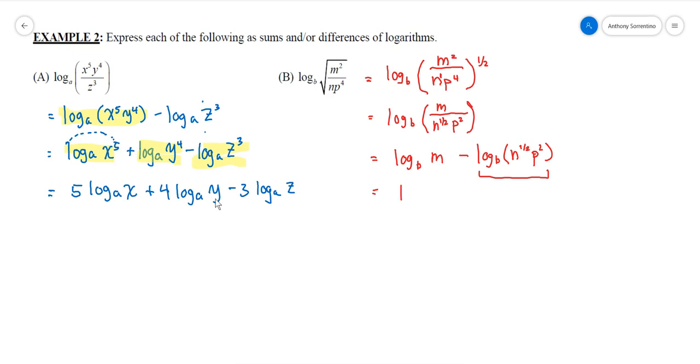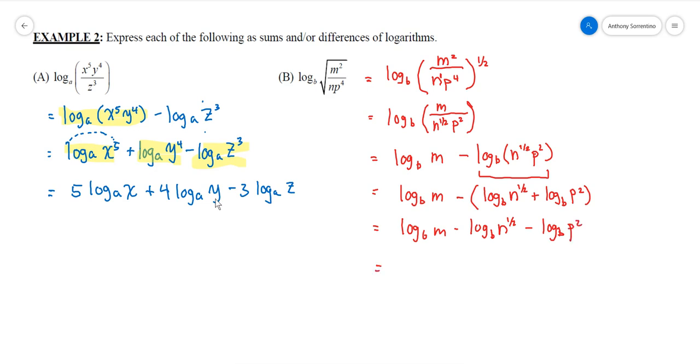So in this instance, I'm going to have minus the quantity, the log base b of n to the 1/2 power plus the log base b of p squared. But this negative has to be distributed. So I'm going to have the log base b of m minus the log base b of n to the 1/2 minus the log base b of p squared.